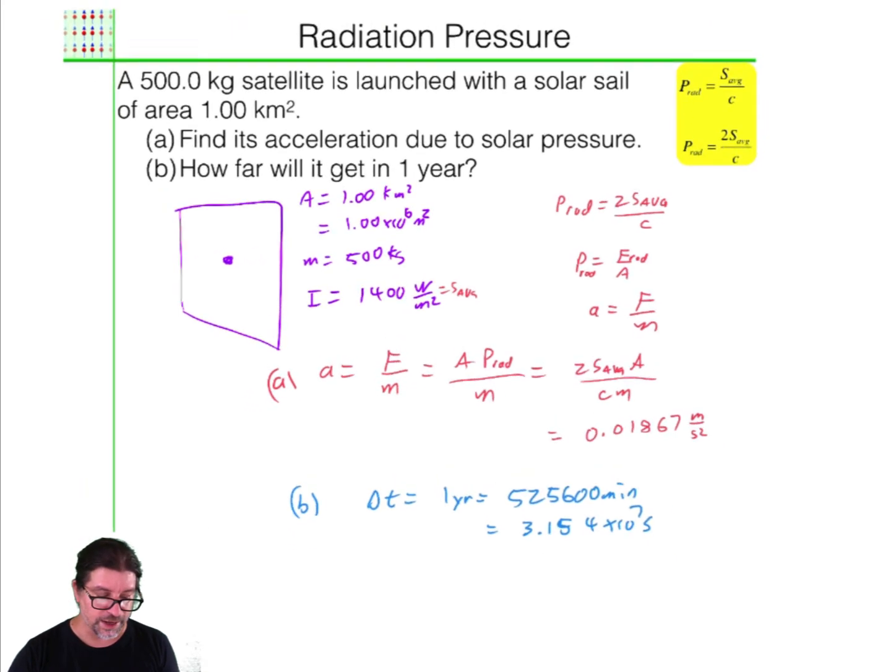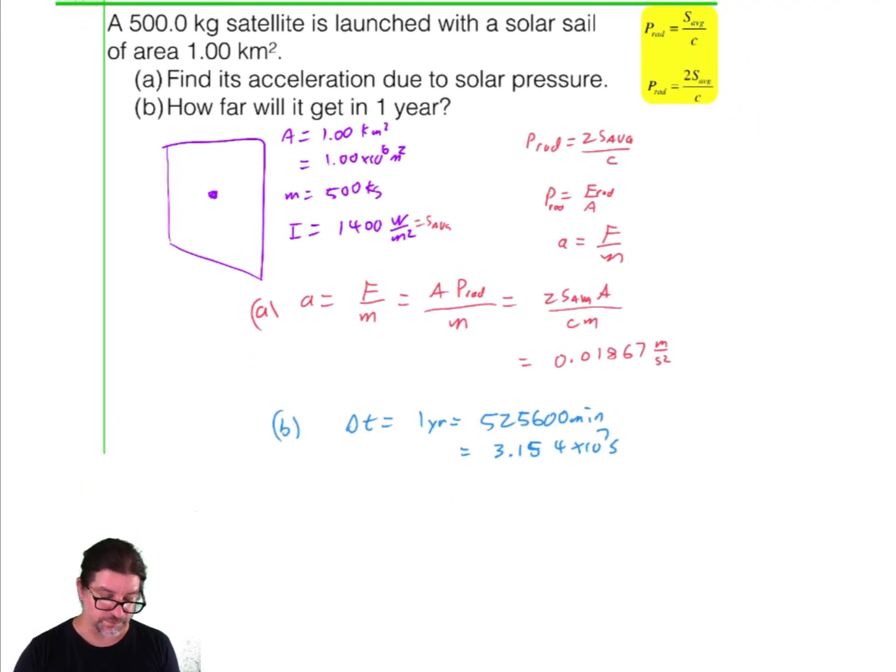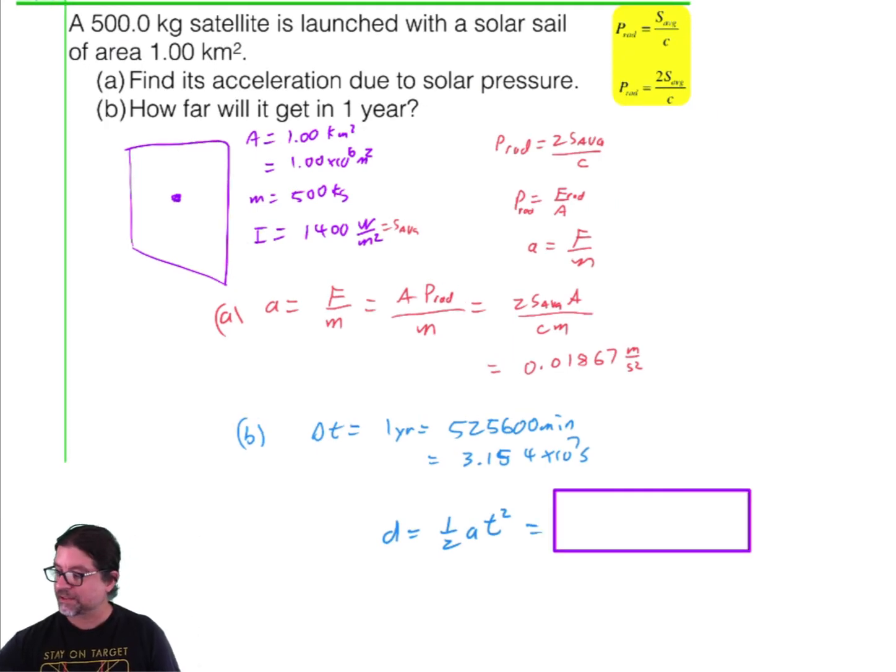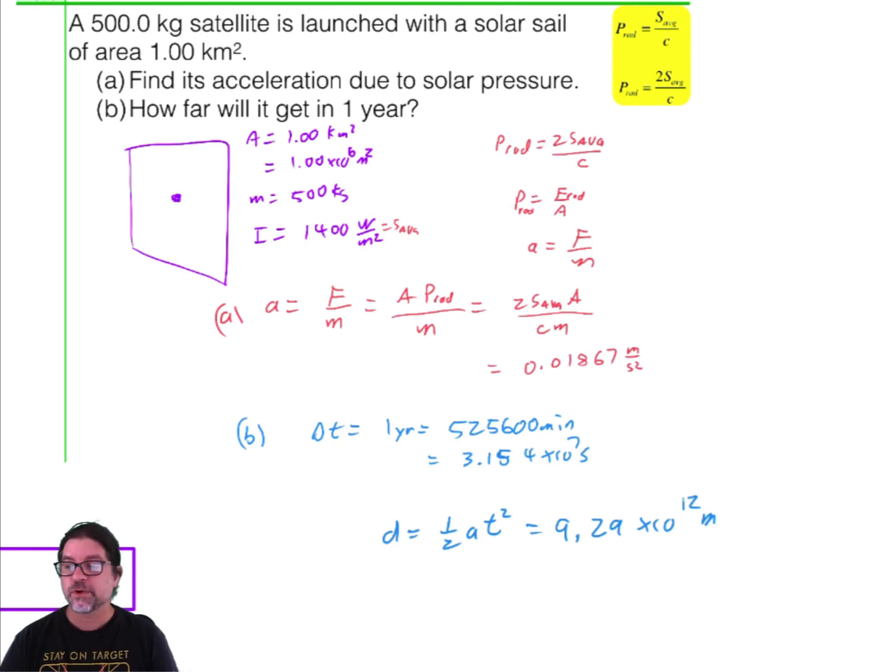So if I want to know how far it will get in 1 year, the distance traveled is 1/2 acceleration times time squared. When you plug the numbers in for that, you get 9.29 times 10 to the 12 meters.